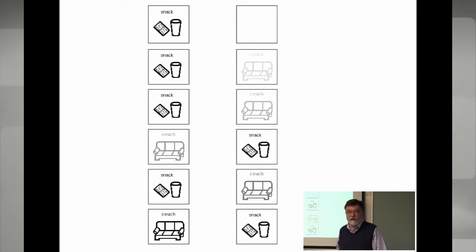He's going to get reinforced with a snack if he selects the snack symbol. Across opportunities, that snack symbol is going to be randomized. Sometimes it's on the right, sometimes it's on the left, so that I know he's not just picking a position and he's really having to look for the symbol.